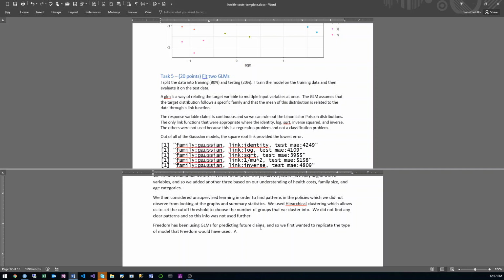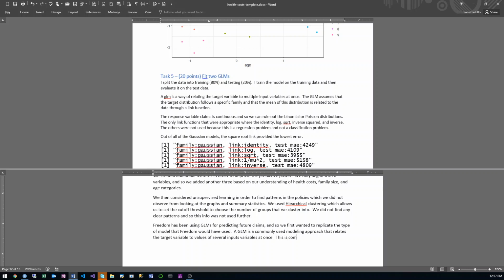A GLM is a commonly used modeling approach that relates the target variable to the values of several input variables simultaneously, at once.